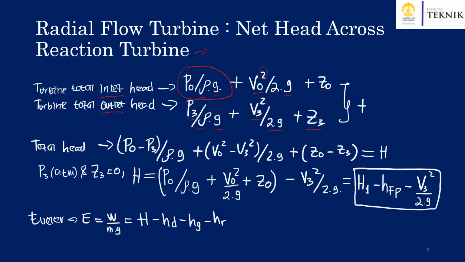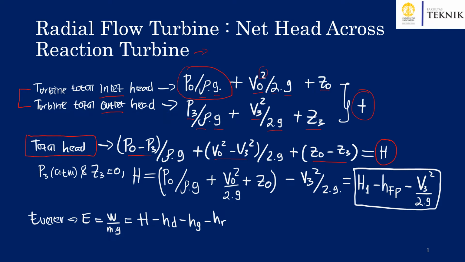And as the total head is the difference between the head at inlet and outlet, we combine them together, and we put the pressure into the same bracket, and then the velocity also in the same bracket and the elevation also in the same bracket, then we get the net head across the reaction turbine. So these are the basic equations for the net head, or normally we name it as the total head across the turbine.